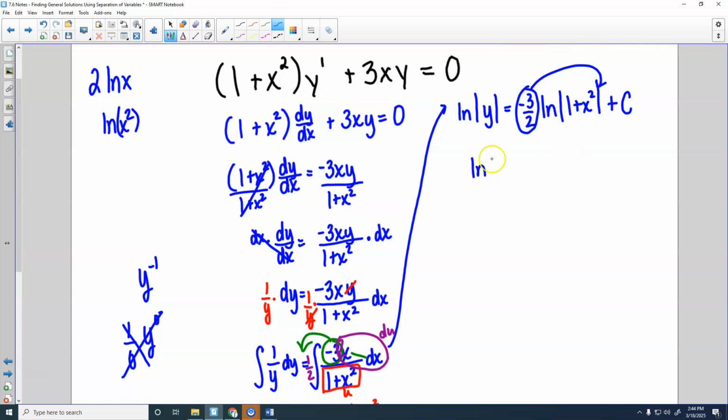So I could do natural log absolute value of y equals natural log absolute value of 1 plus x squared to the negative 3/2 plus c. Now, you still can't fix your c problem, but you can fix that negative 3/2.